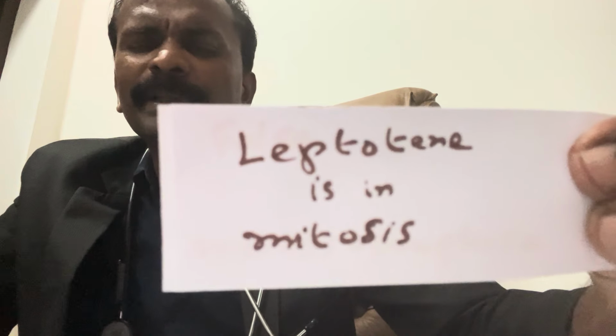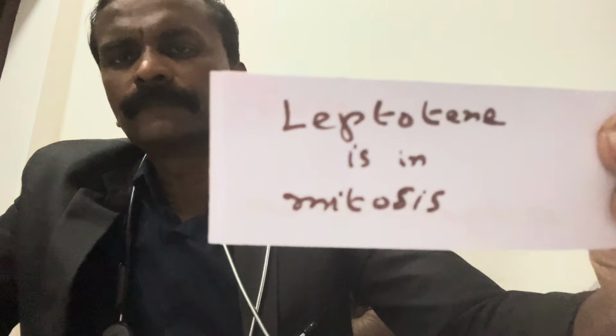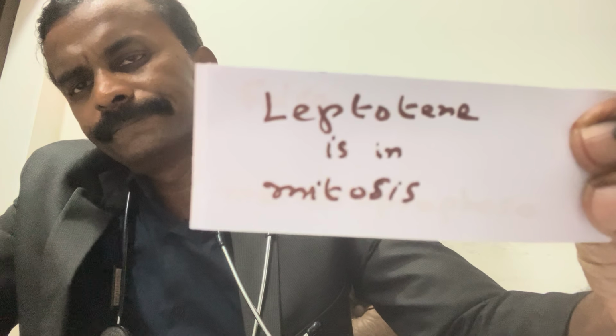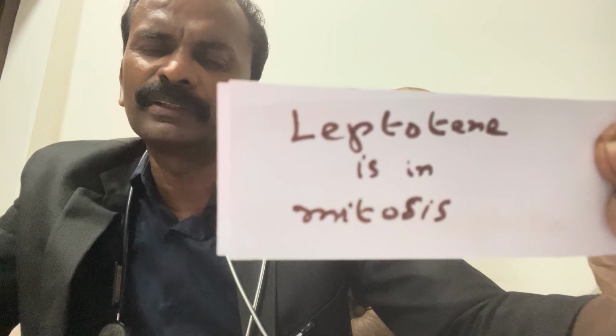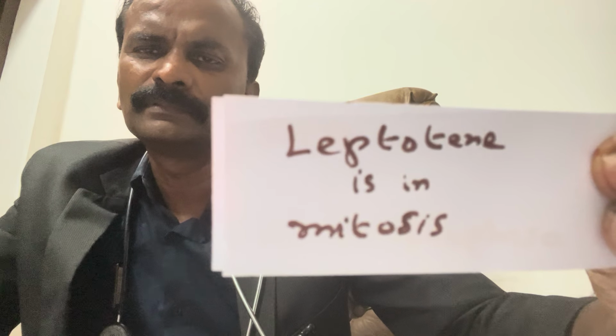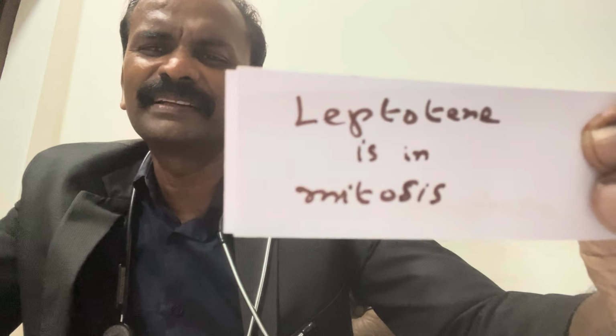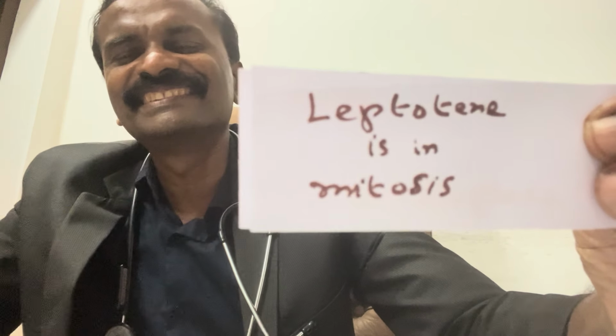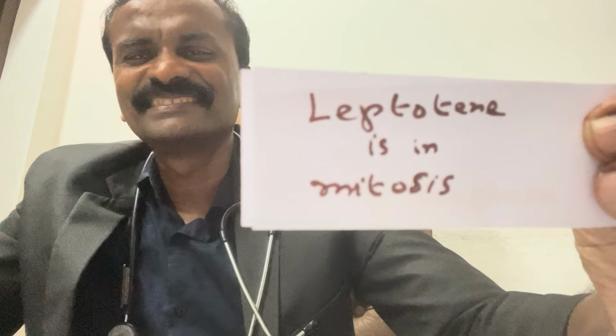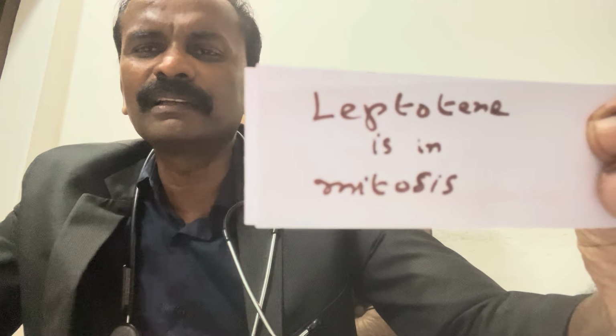Leptotene is in mitosis. True or false? This is how you should prepare for NEET and take 360 out of 360 in biology. If you follow this recall technique, definitely you can.